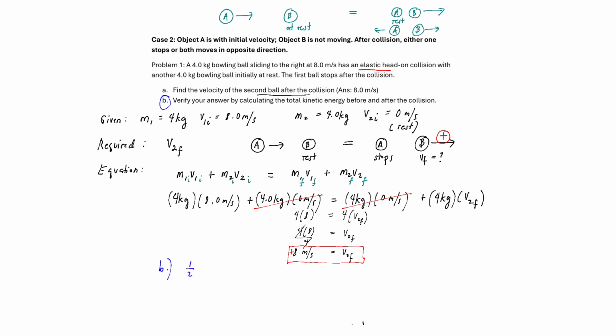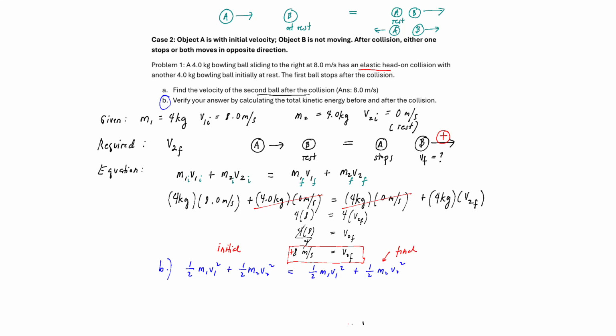We have 1/2 m1 v1 square plus 1/2 m2 v2 square equals 1/2 m1 v1 square plus 1/2 m2 v2 square. The left side is the condition before, or the initial, and the right side is the condition for final.